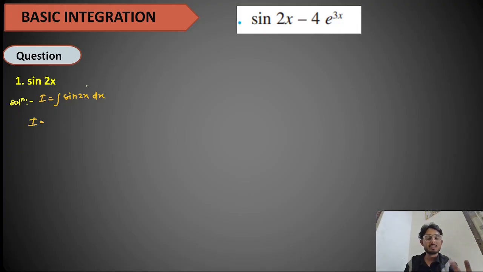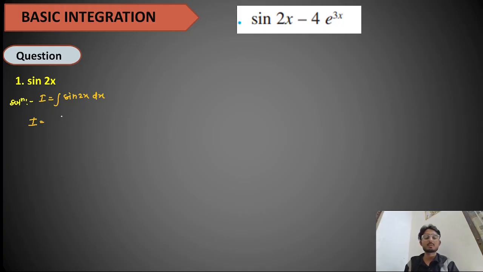If there is a multiplication between terms, then you have to eliminate it. Also you have to eliminate the power. So you can use trigonometric formula, or any kind of method, and you can use your critical thinking. But you have to replace or eliminate the multiplication, or eliminate the power. There is no power, no multiplication, so you can do the integration by a simple method. What is the integration of sin 2x?